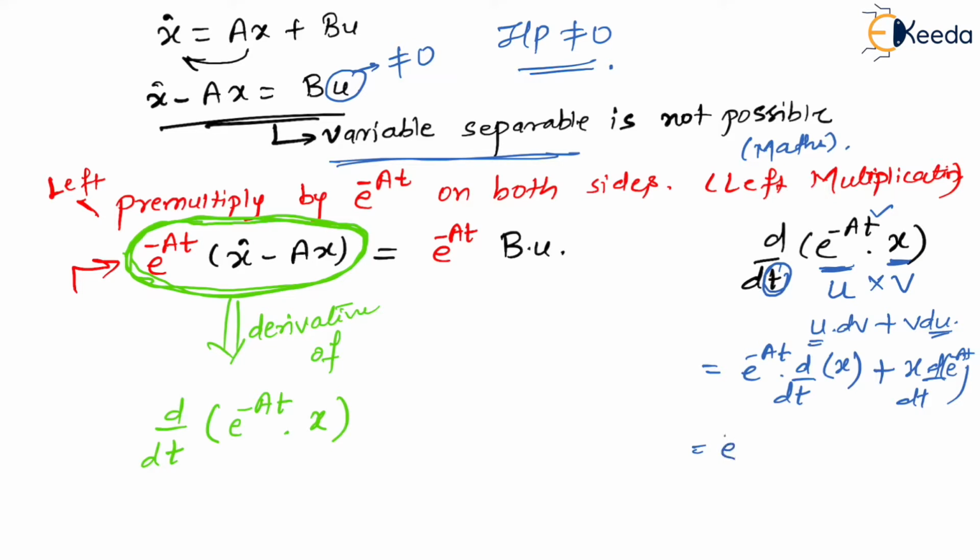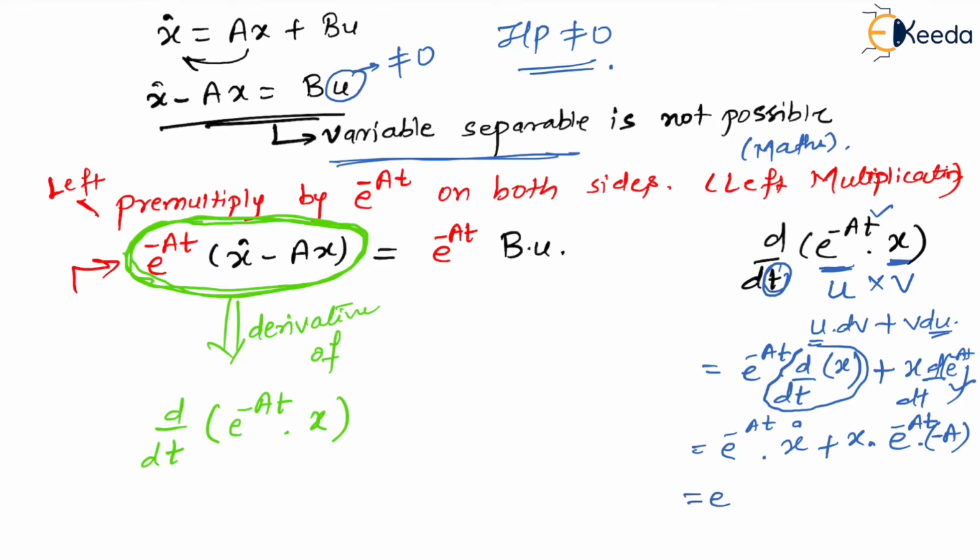Now if you see here, this becomes e to the power minus at into x dot, because d by dt of x can be written as x dot, plus again you have this x multiplied by e to the power minus at, derivative of e to the power minus at. What does that mean? It is going to be e to the power minus at multiplied by derivative of minus at, which is nothing but minus a.